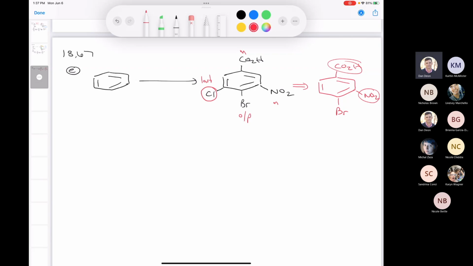And I'm going to have to install the nitro last out of all these three groups because I can't add an alkyl group if I have a nitro on my compound, right? Because I need to do Friedel-Crafts before I make the carboxyl group. And I can't do a Friedel-Crafts if I have a nitro on the ring. So that tells me, in terms of retrosynthesis, again, I'm going to want to make this compound.